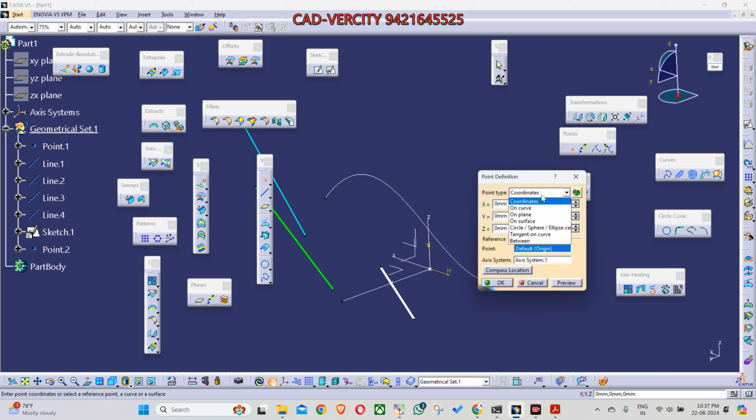Yes, sir. Initially, we went ahead with the axis system. Before that, we added one point, so we used coordinate 0, 0, 0. Now I will use point on curve.